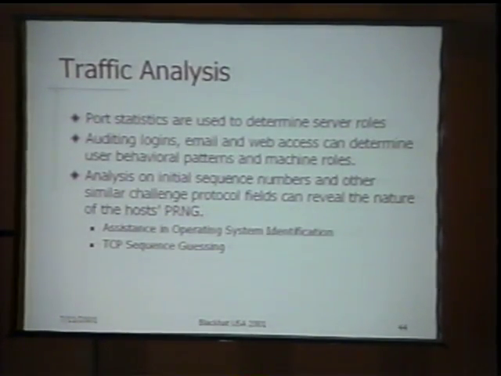Auditing logins, email, and web access can determine user behavioral patterns and machine roles. Because if we're able to, for some reason, get a user's password and username to access the network, our context on that network may not match up with what that user actually does.